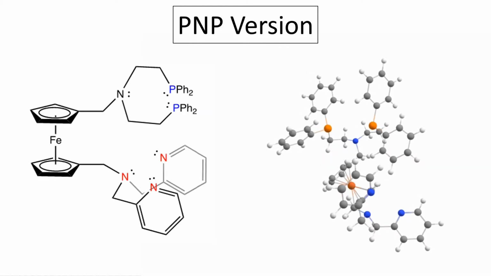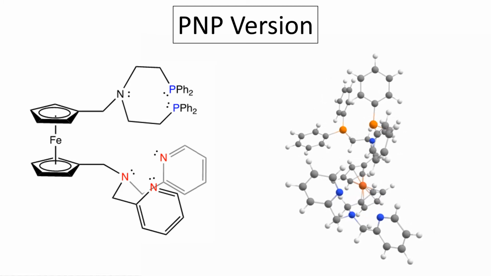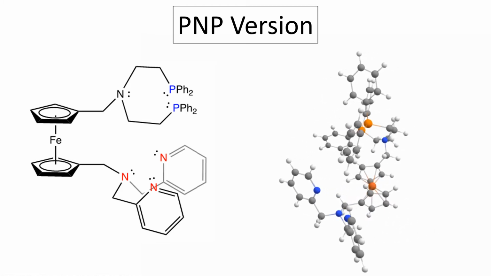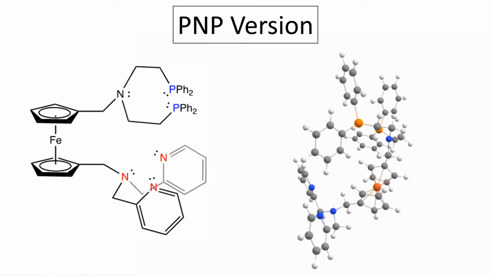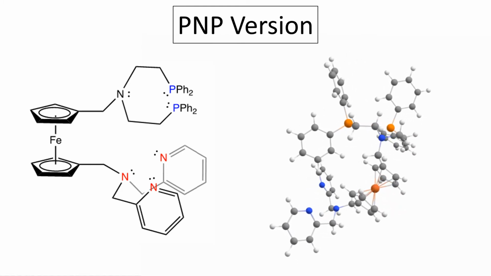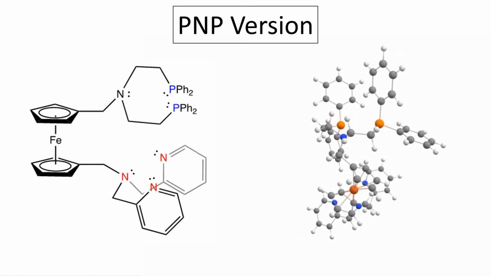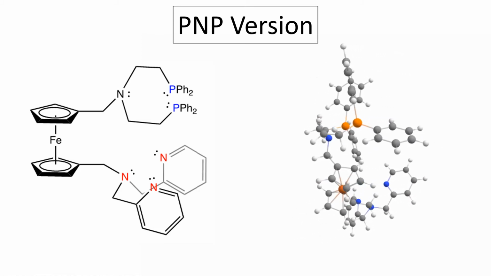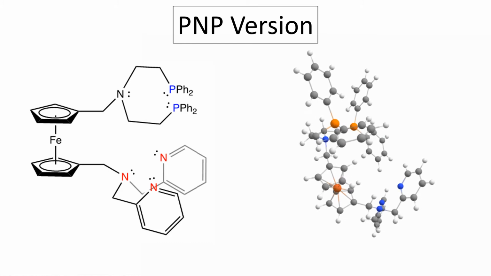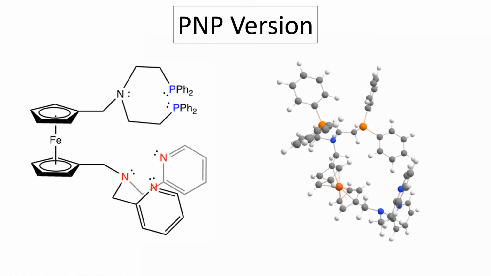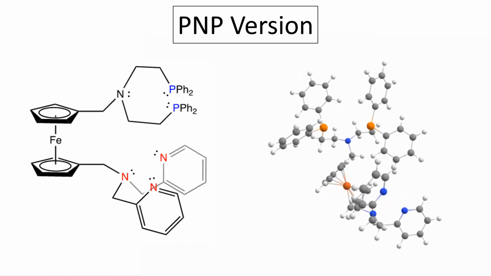So here, on the top side of the figure on the left, you can see that we replace that branch of the molecule with what we will call the PNP branch, where there are two phosphorus atoms and a nitrogen atom, all having lone pairs, which can coordinate to a metal at that site and create a coordination bond there.